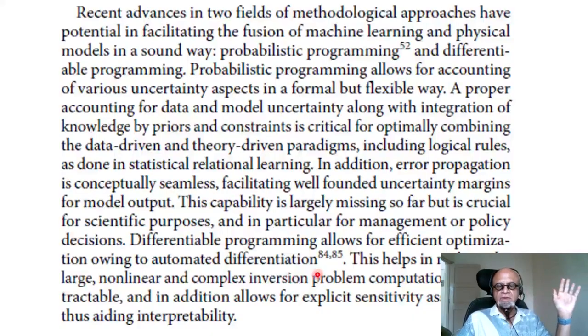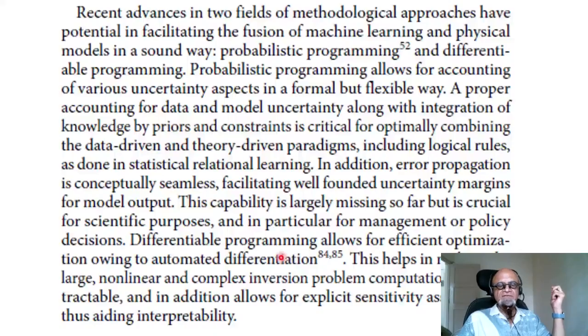Technical. So let's just walk through it. This helps in making the large, nonlinear and complex inversion problems computationally more tractable, and in addition allows for explicit sensitivity assessment, thus aiding interpretability.